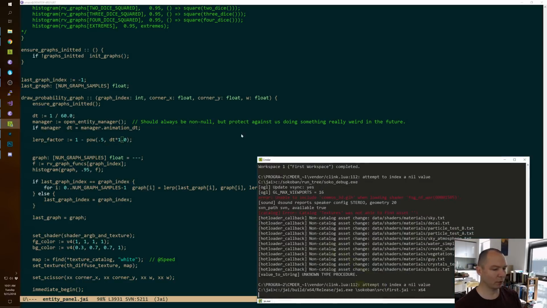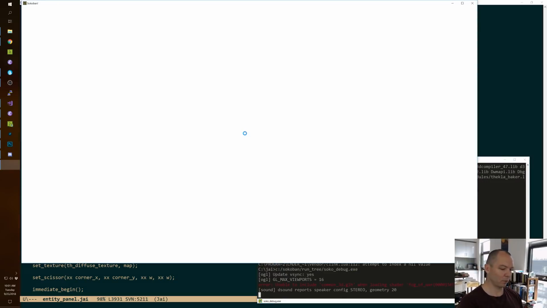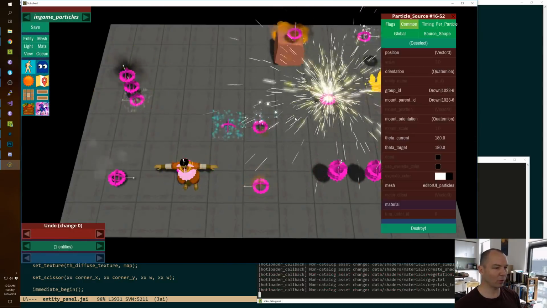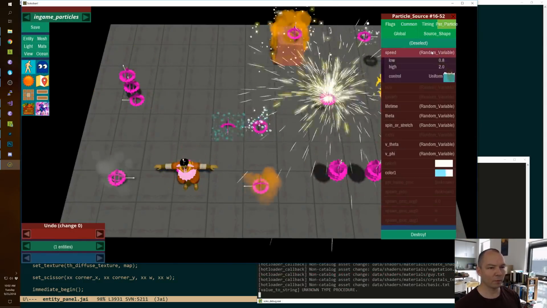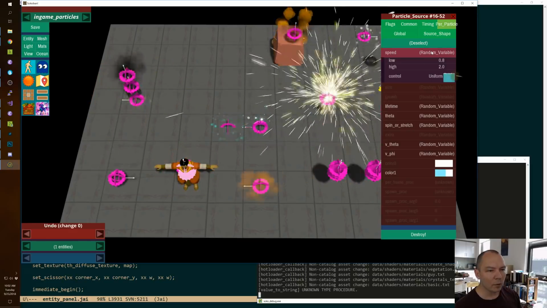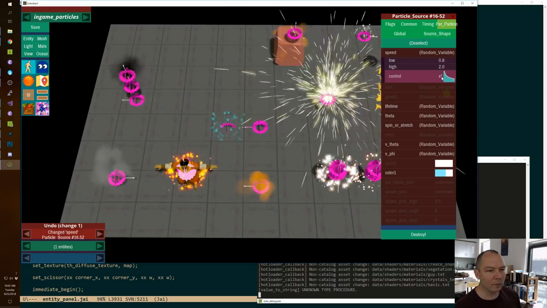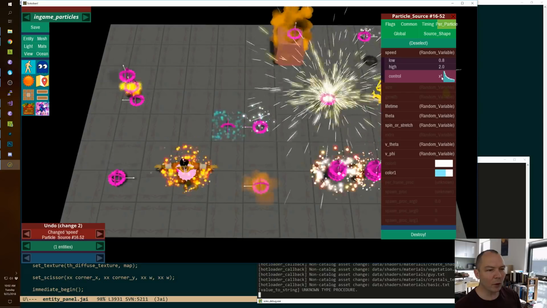That might be not enough. And all of this we could put in tweak variables or whatever. Wait, what? Oh, right.